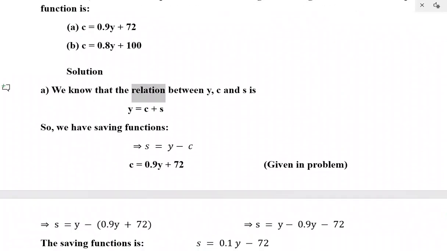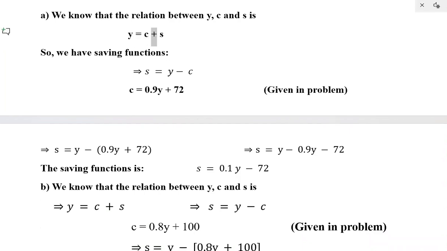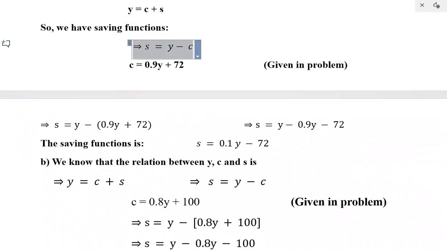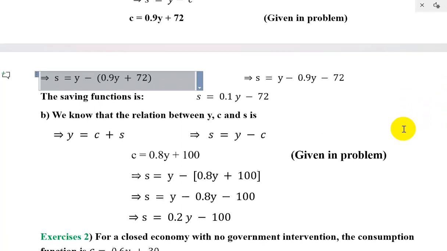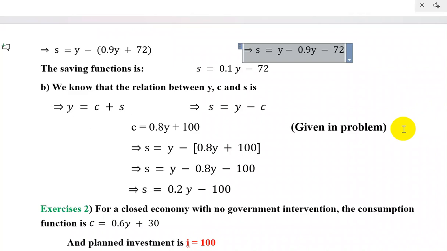Solution. A. We know that the relation between Y, C, and S is Y equals C plus S. So, we have the saving function: S equals Y minus C. C equals 0.9Y plus 72, given in the problem. This implies S equals Y minus (0.9Y plus 72), which implies S equals Y minus 0.9Y minus 72.